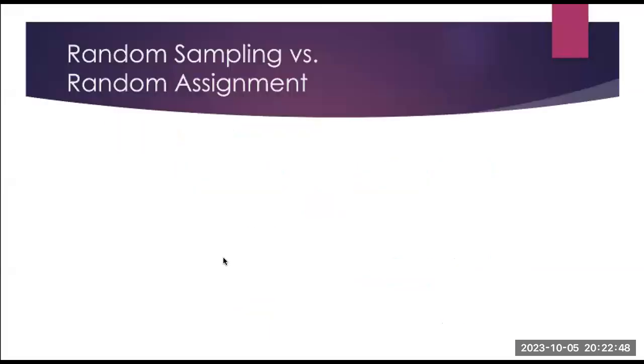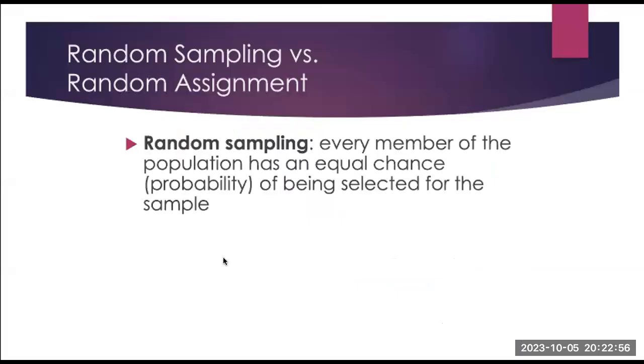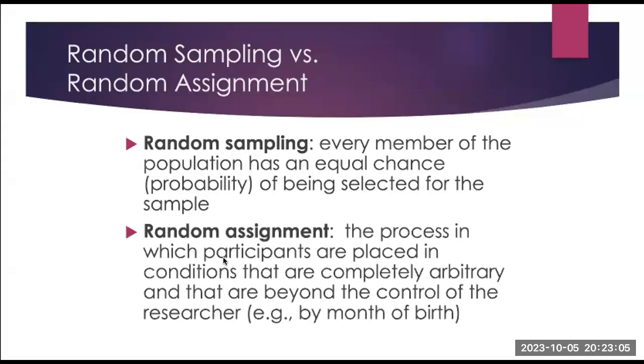Okay, so it's important to know that there is a difference between random sampling and random assignment. Random sampling is when every person in the population has an equal chance of being selected for the sample. On the other hand, random assignment matters even if you didn't randomly sample.